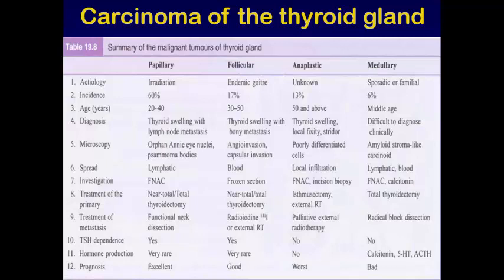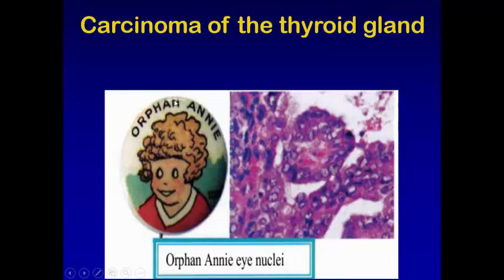We call it Orphan Annie eye nuclei. Orphan Annie is an American cartoon character with characteristic eyes that resemble the nuclei of malignant cells in papillary carcinoma. You can compare between these eyes and Orphan Annie eyes.